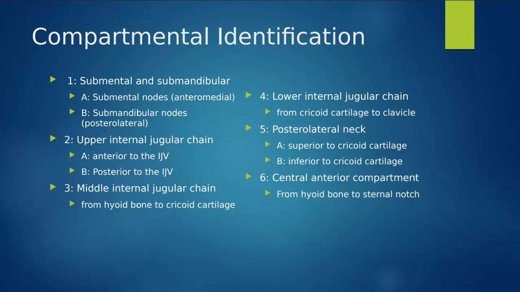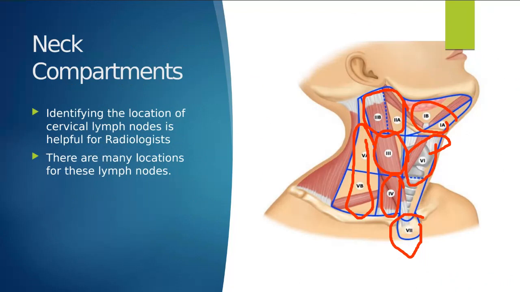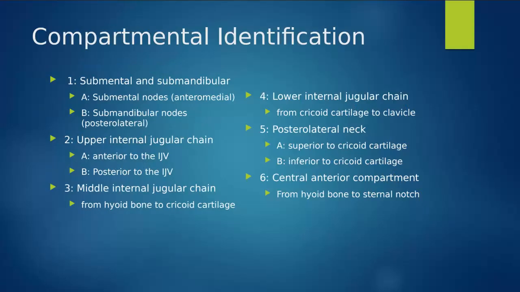Section 4 is the lower portion of that internal jugular chain. Section 5A and B are a little bit more closely related to that cricoid cartilage and the posterior side of the neck. Our section 6 is the anterior compartment from the hyoid bone to the sternal notch, and section 7 is really just right at that clavicular region where the clavicles tend to join.